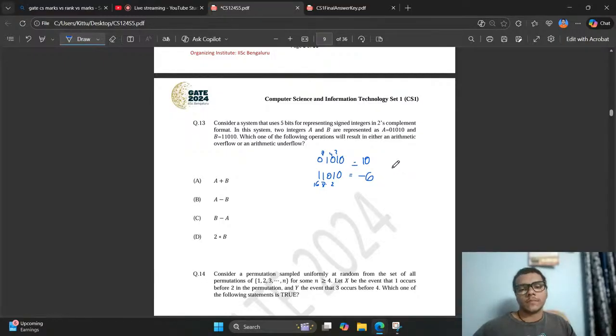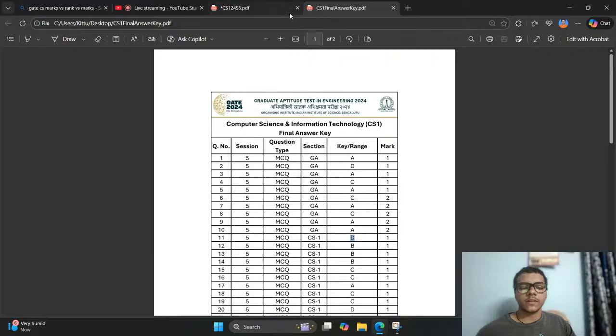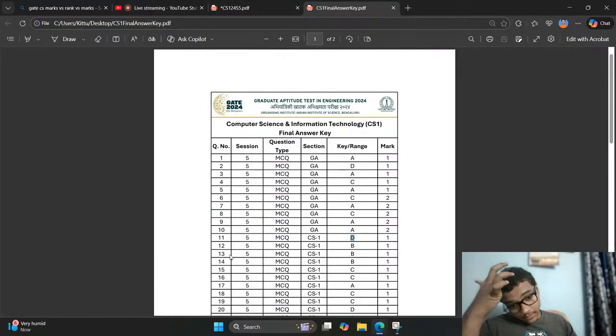So a plus b is 4, inside range. A minus b is 16, but positive 16. So 1, 2, 4, 8, 16. So this will be the representation of 16, but you need this, so this causes overflow. B minus A is minus 16, but this is minus 16. So no, 2 times B is minus 12, so A minus B is your answer. 13 is B.